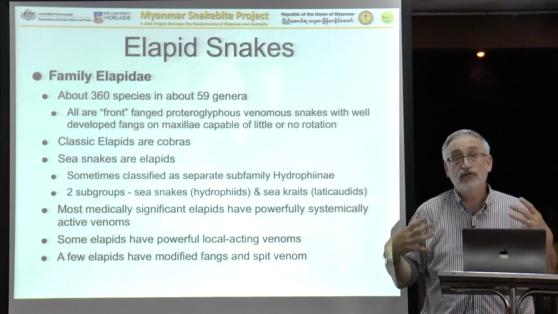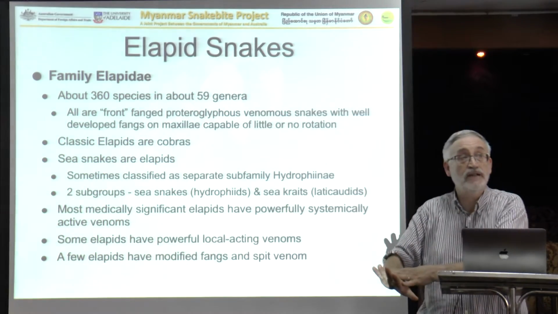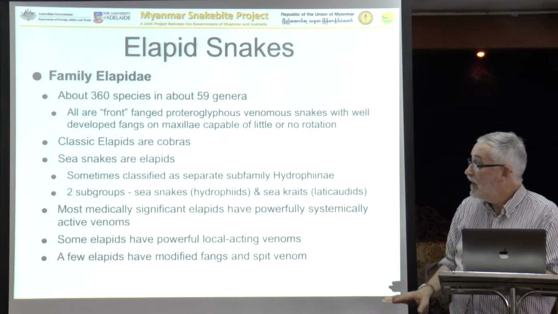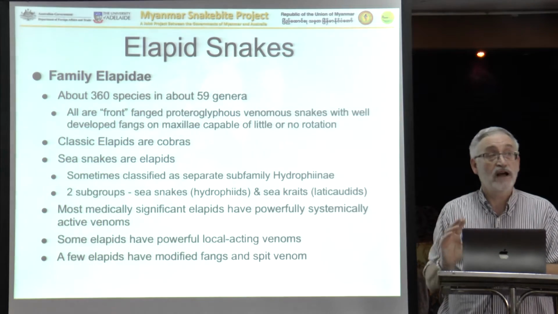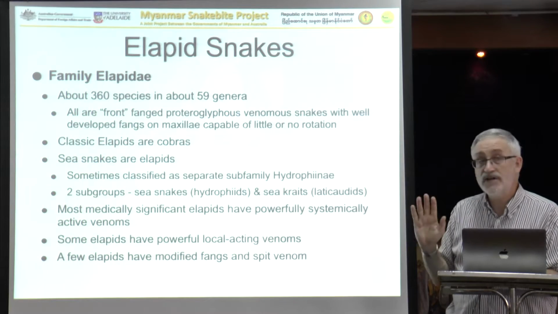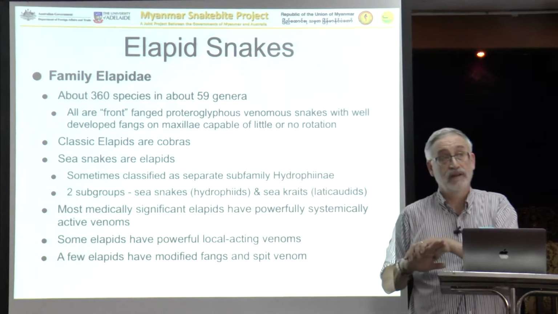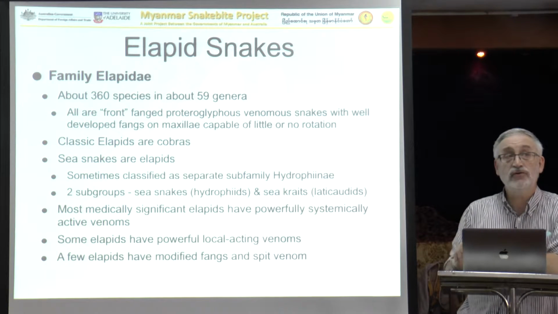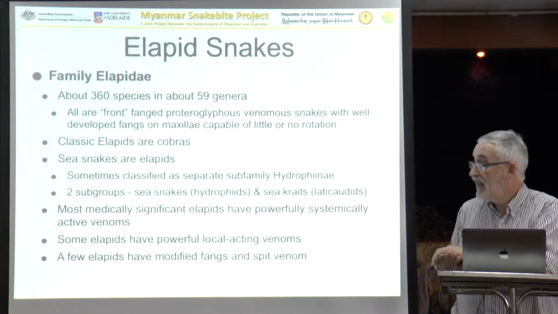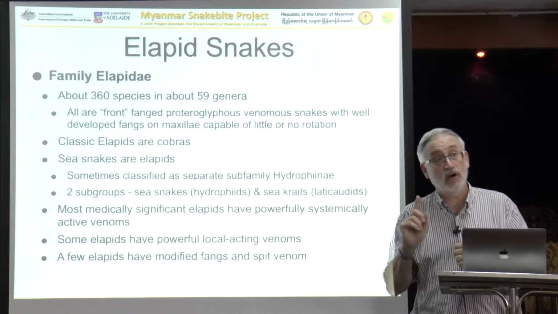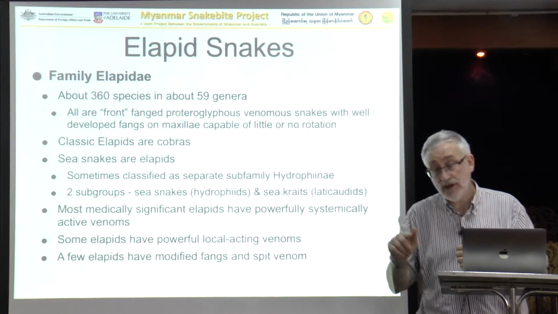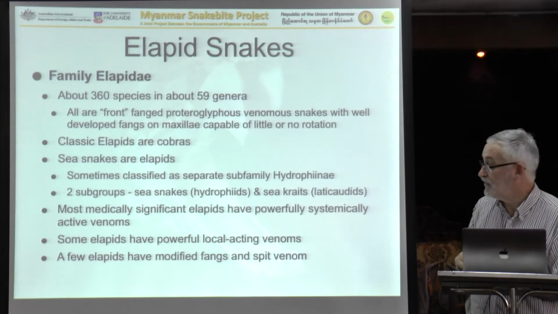Venoms that act throughout the body, not just at the bite site. But a few cobra-type snakes also have venom components that attack the bite area, causing tissue injury or necrosis. And that especially applies to the cobras in Asia, including Myanmar, and in Africa.